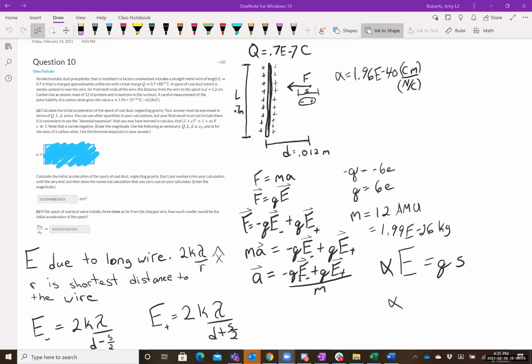And then if we know alpha and we get E, then we could solve for S if we wanted to.